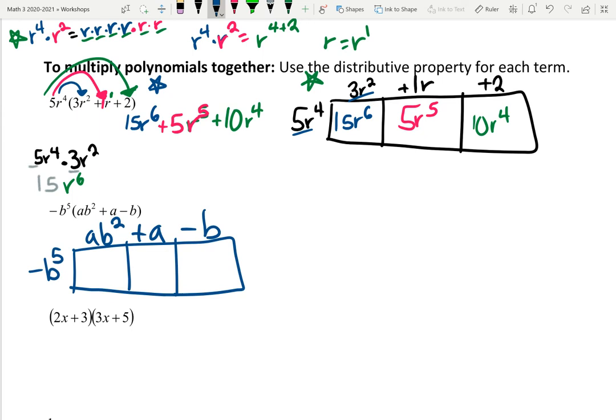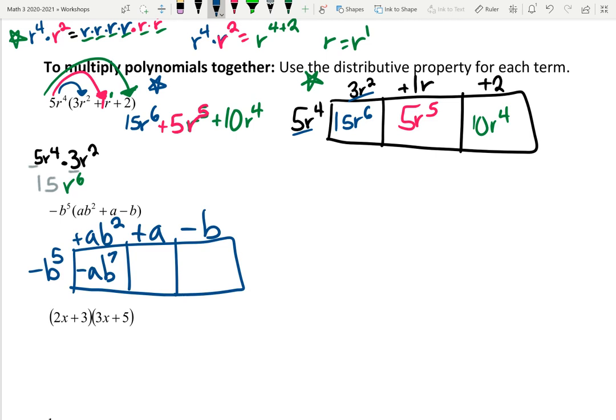That's important to keep it organized. And now I'm going to multiply this quantity times this. Let me count my variables. I have a. But first, I have to keep track. What is a negative times a positive? A negative. How many a's do I have? 1. How many b's do I have?